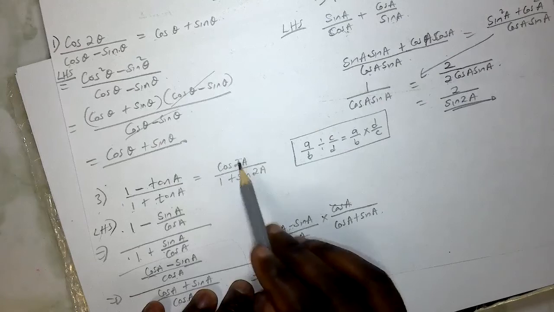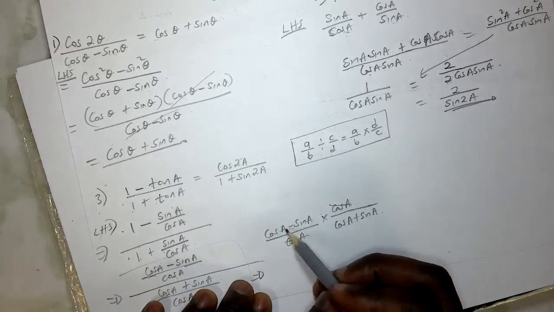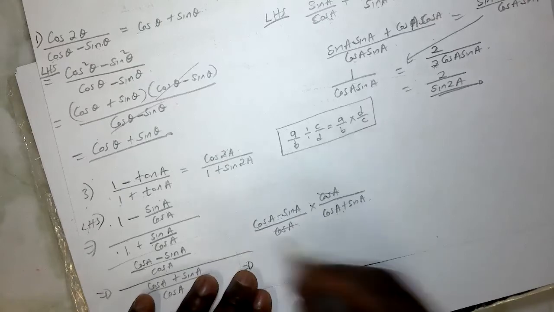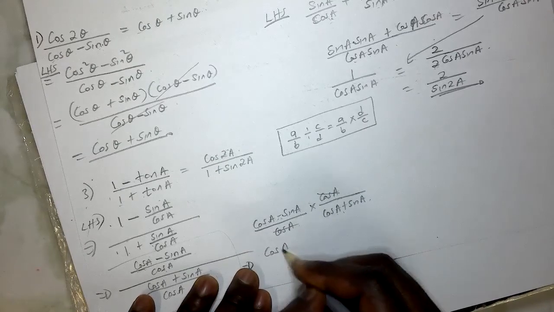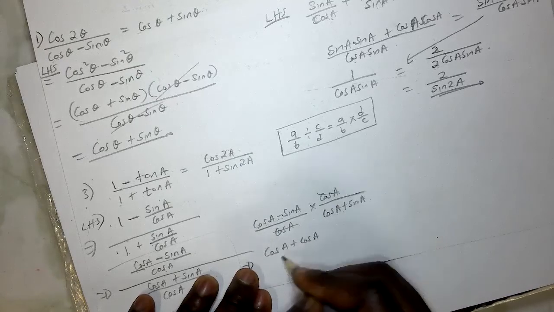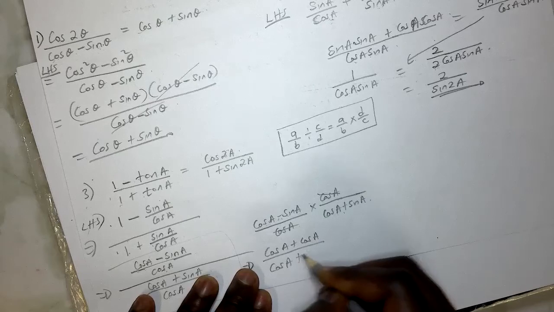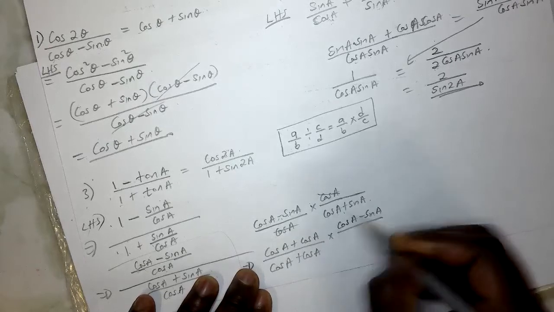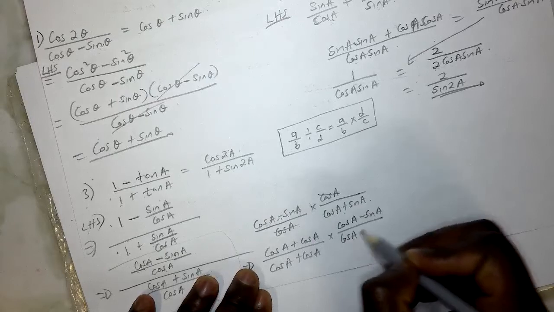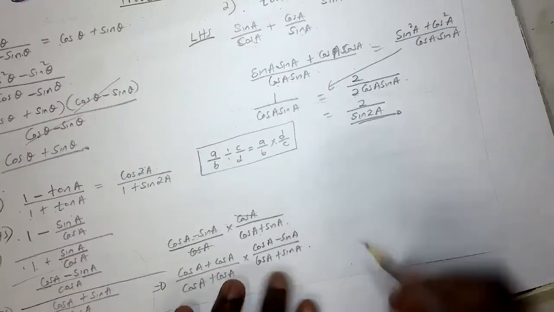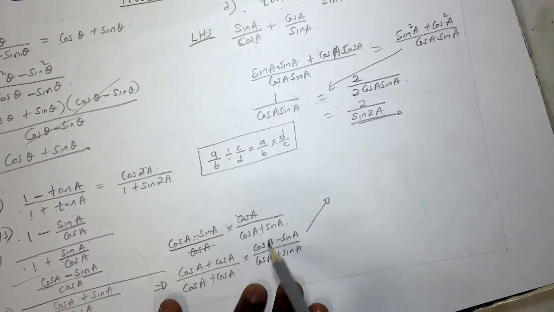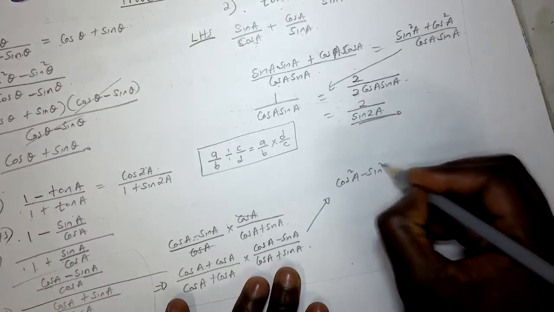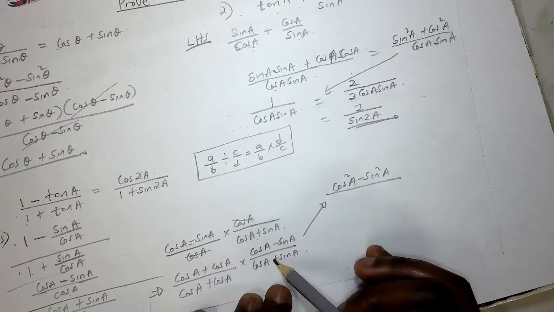We know that for us to get that, we need a difference of 2 squares, because cos 2A is cos squared A minus sine squared A. So we multiply by cos A plus sine A over cos A plus sine A. On top, the difference of 2 squares is going to be cos squared A minus sine squared A.